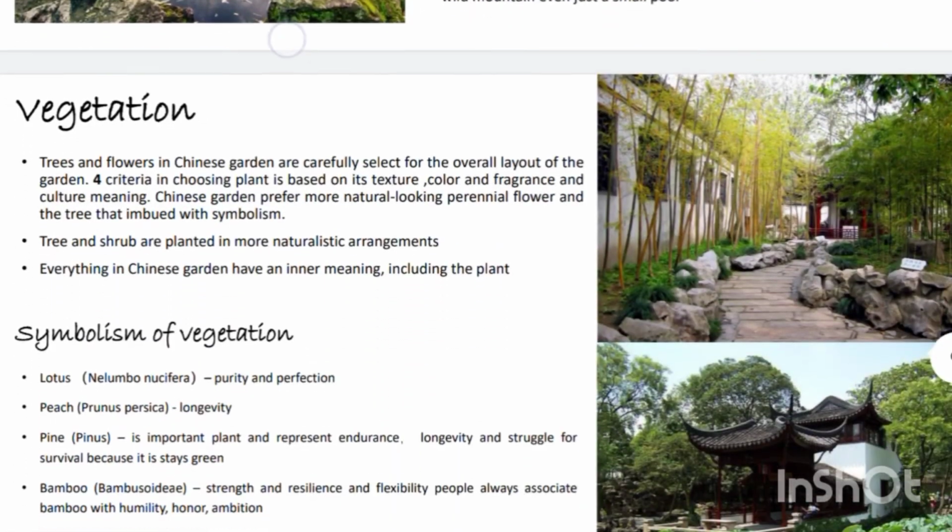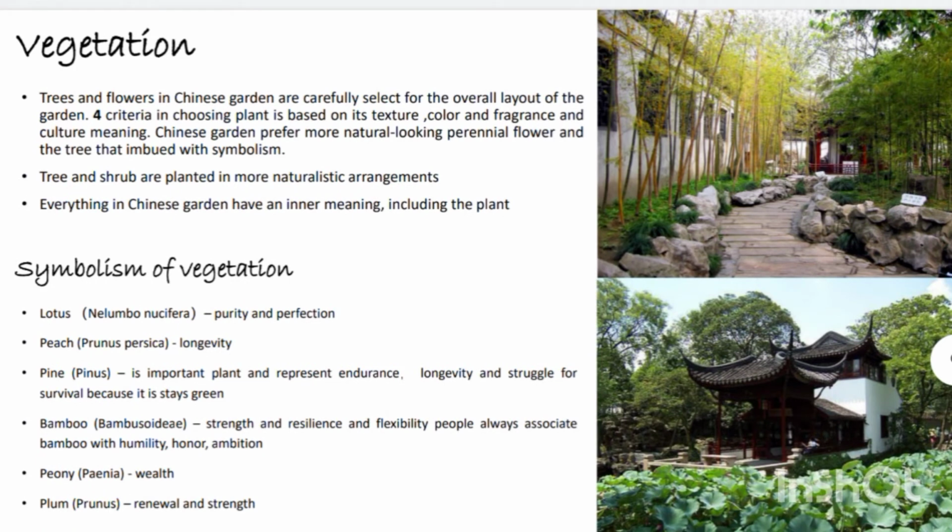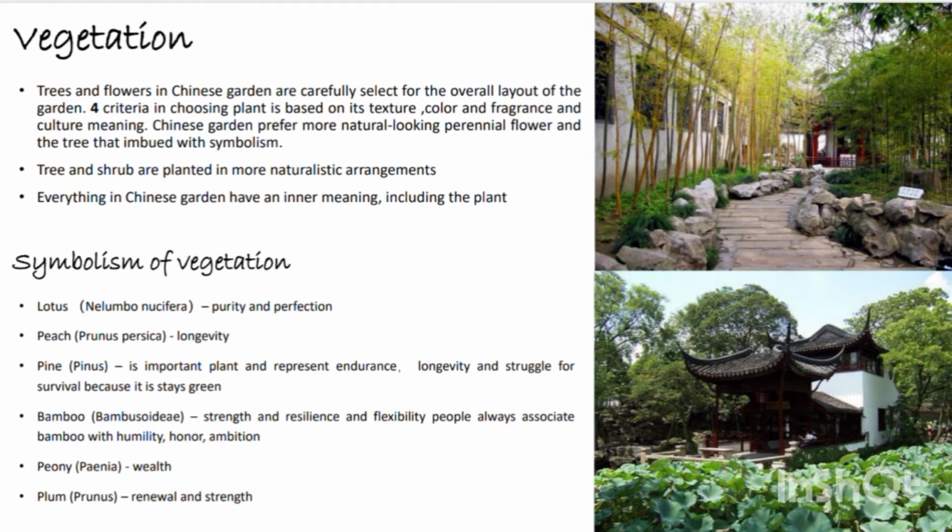Next is vegetation. Everything in the Chinese garden has inner meaning. Plants also. So the criteria in choosing plants are based on texture, color, fragrance, and cultural meaning.